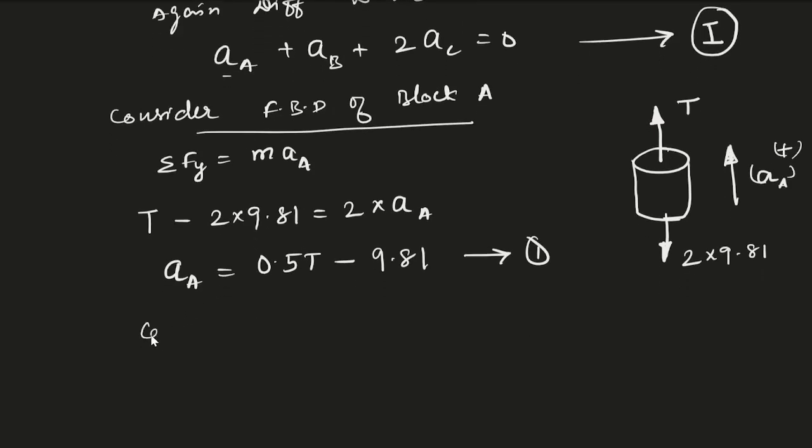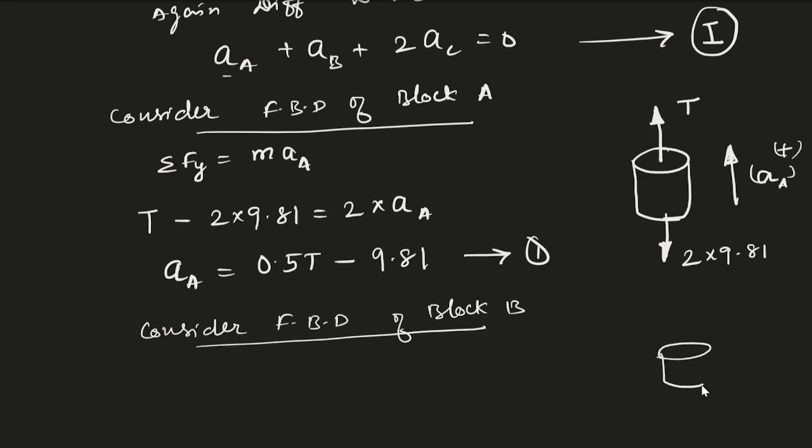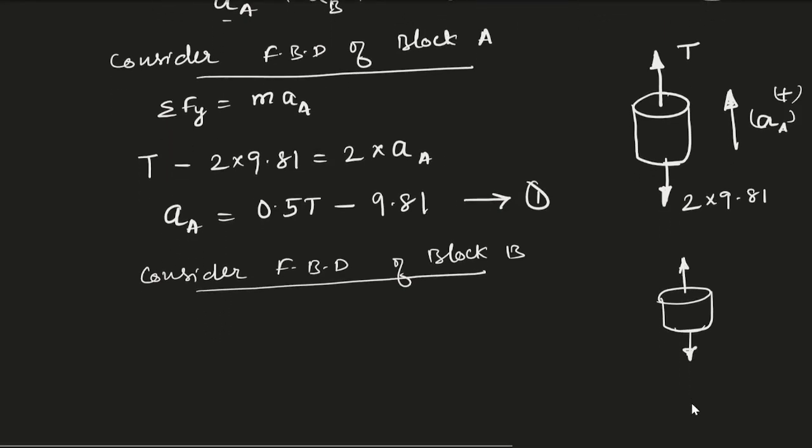In a similar manner, you have to frame the equation for block B as well. Consider the FBD of block B. Here also we have the tension in the upward direction and the weight acting in the downward direction. The weight of the block is 4 kg, so 4 into 9.81.